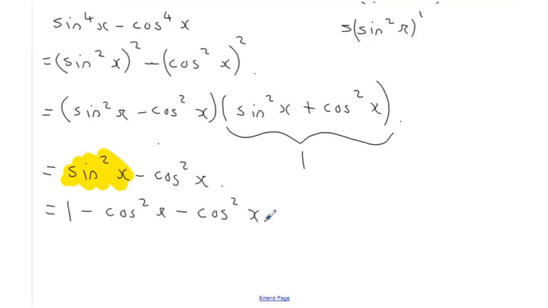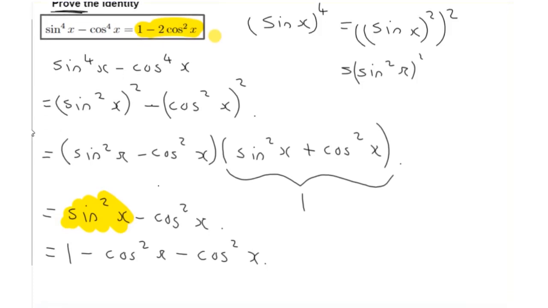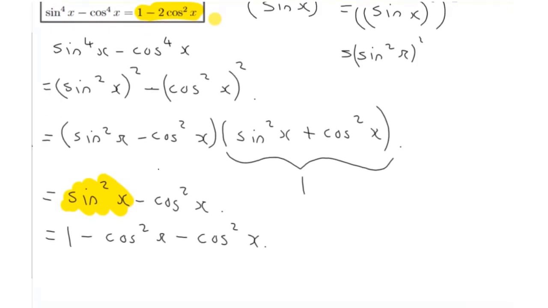We are aiming at 1 minus 2 cos squared x, so if we collect like terms, that's exactly what we're going to have. Equals 1 minus 2 cos squared x, as required.